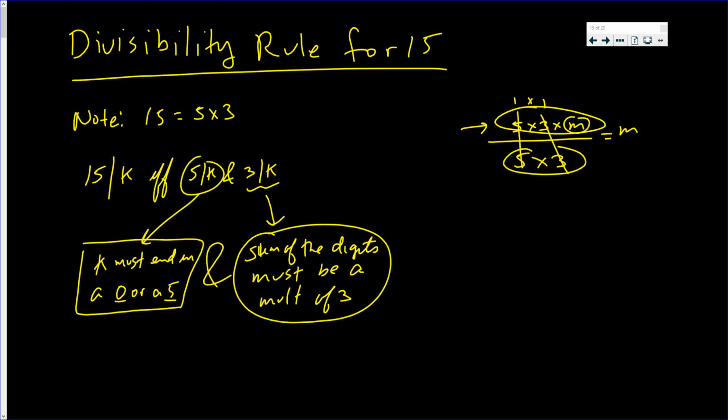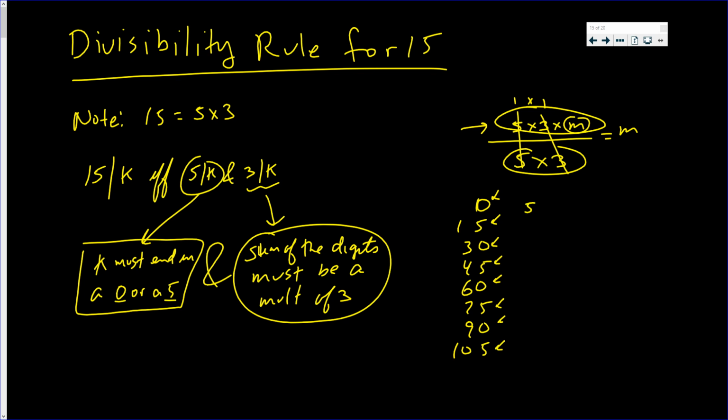And just to convince you, the multiples of 15 are 0, 15, 30, 45, 60, 75, 90, 105. Every one of these numbers on the 15 table ends in a 0 or a 5. It just doesn't have every number that ends in a 0 or a 5.